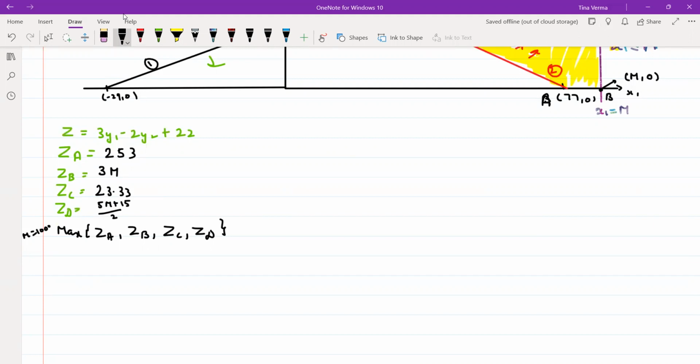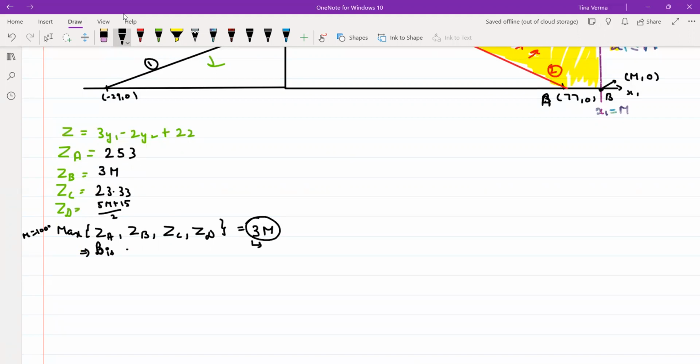So the maximum value will be 3m, which depends on m. So B is your optimal point, 3m. Point B is m, 0, and the optimal value also depends on m.